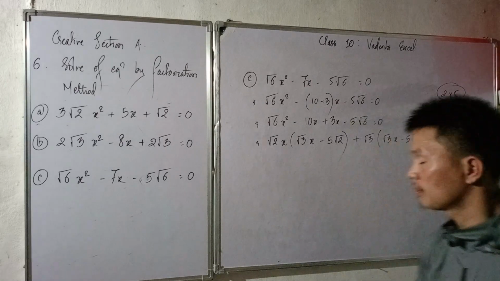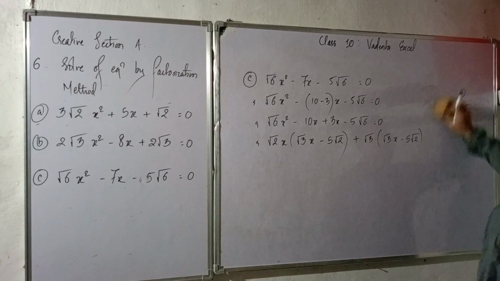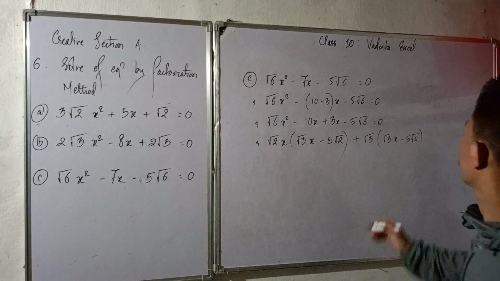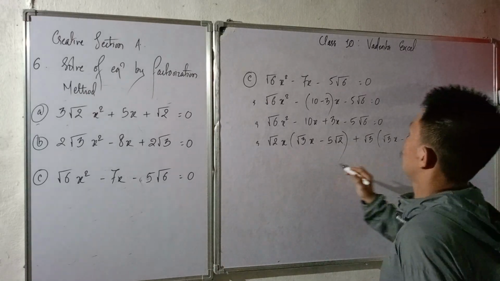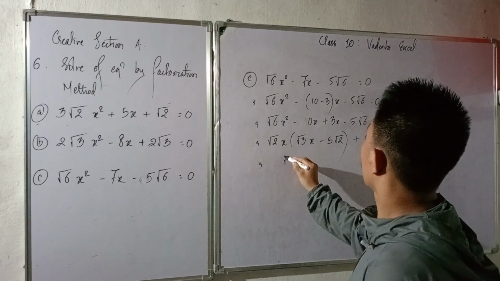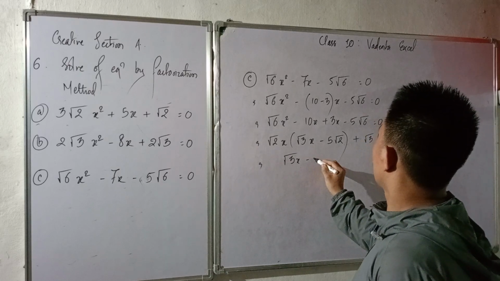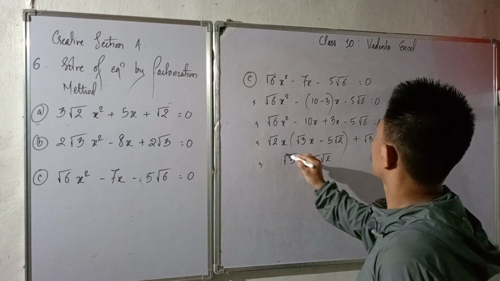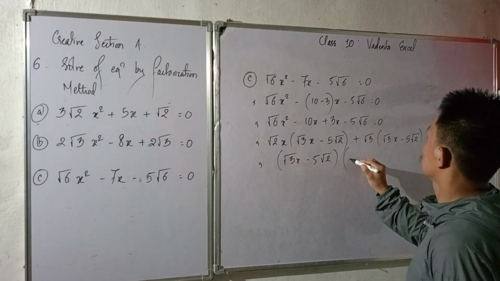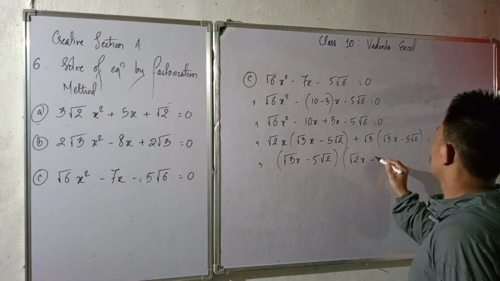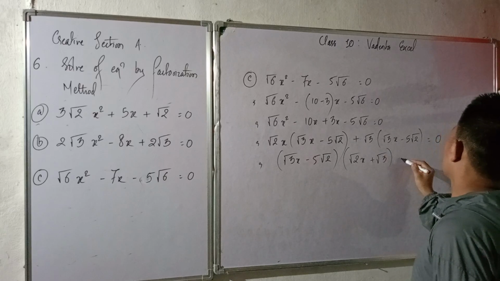Just check the answers. Equals 0, or root 3x minus 5 root 2, another is root 2x plus root 3 equals 0.